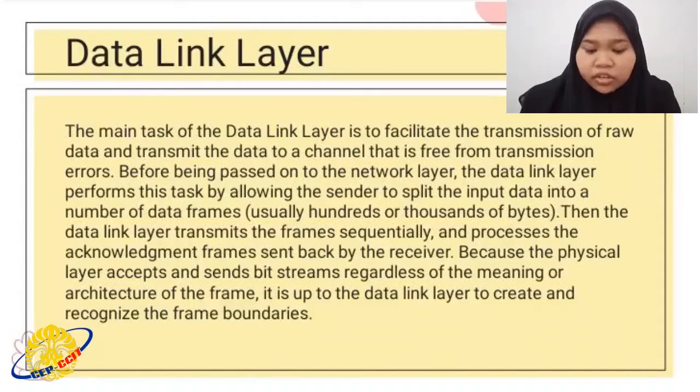Then the data link layer transmits the frames sequentially and processes the acknowledgement frame sent back by the receiver. Because the physical layer accepts and sends a bit stream regardless of the meaning or architecture of the frame, it is up to the data link layer to create and recognize the frame boundaries.